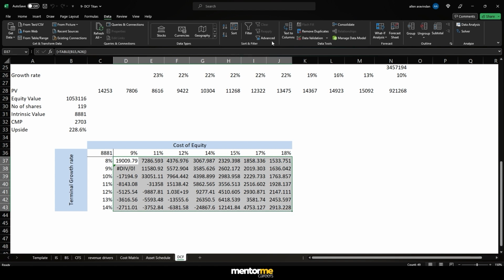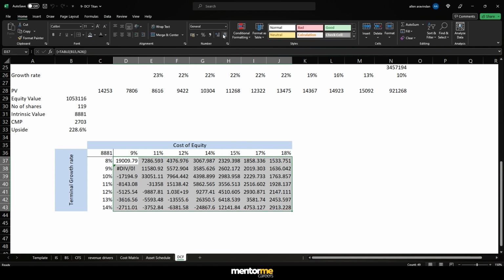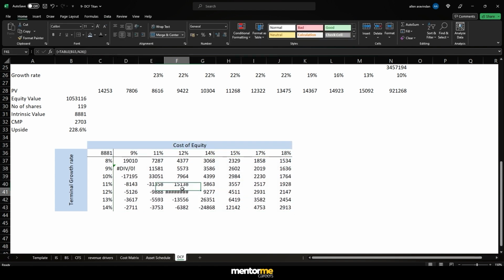So let's just decrease the decimal place. Now these errors are happening because the values are not matching, because if cost of equity is 12% and even the terminal growth is 12%, of course the denominator becomes negative, right?